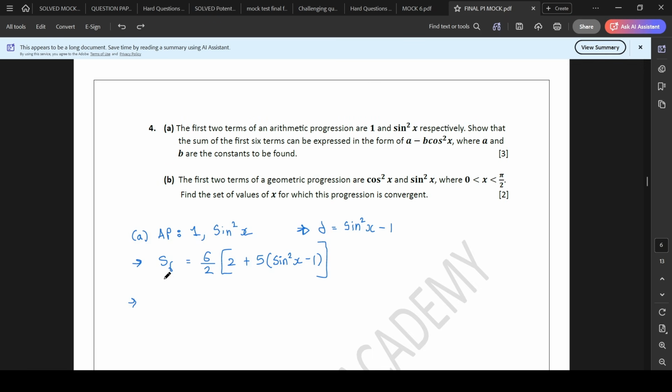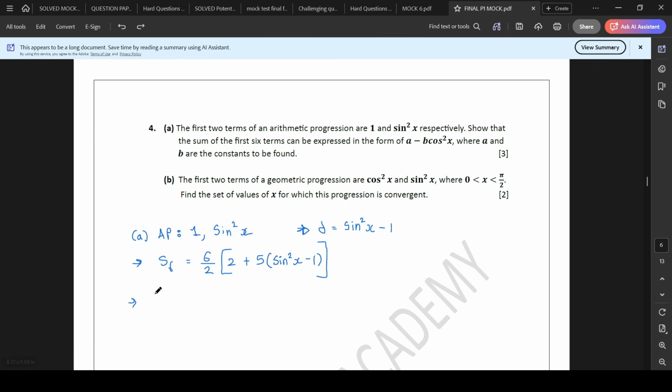Now, we have to express the sum of the first 6 terms in the form of cos square x. So I know that there is a relationship, sine square plus cos square is equal to 1. So if I do sine square minus 1, it will be equal to minus cos square. So I know that this quantity over here is minus cos square. So I can just go ahead and write this.